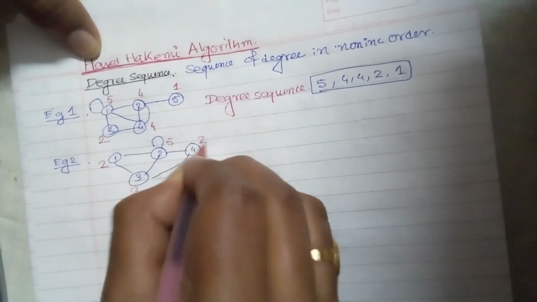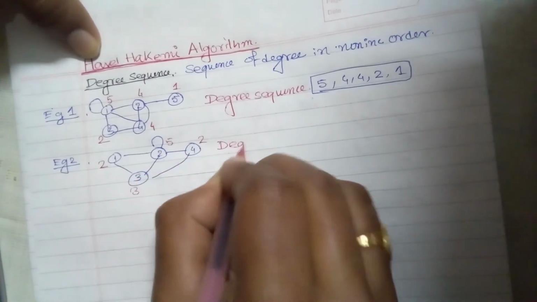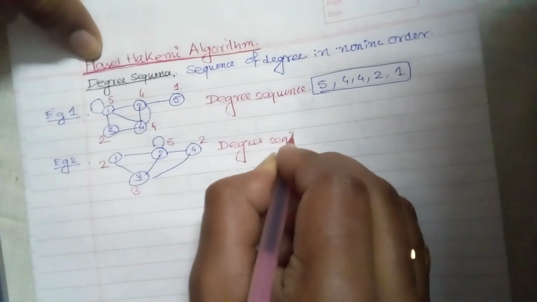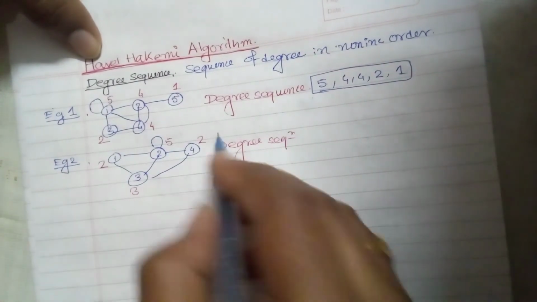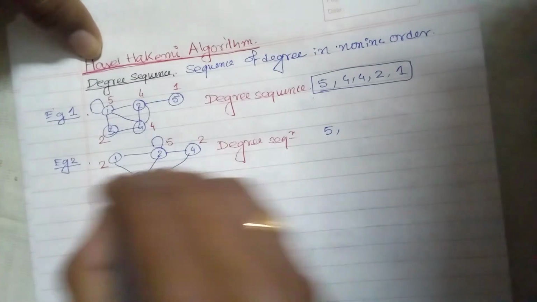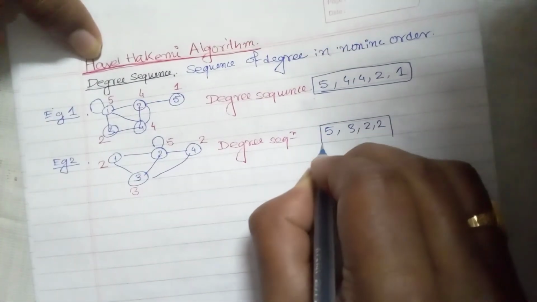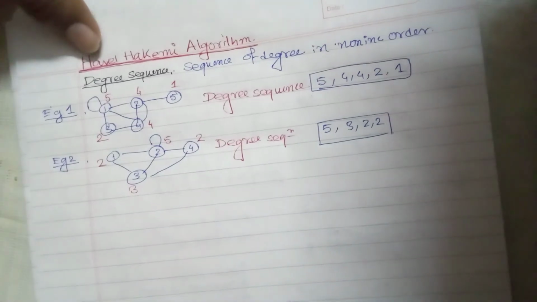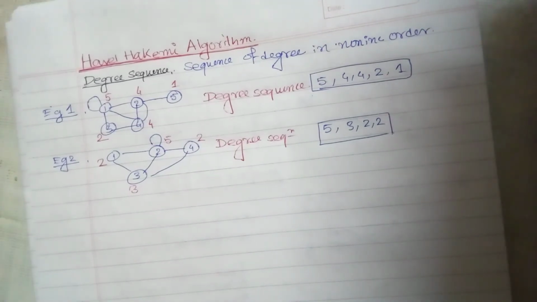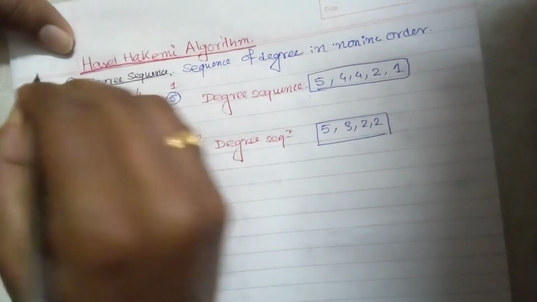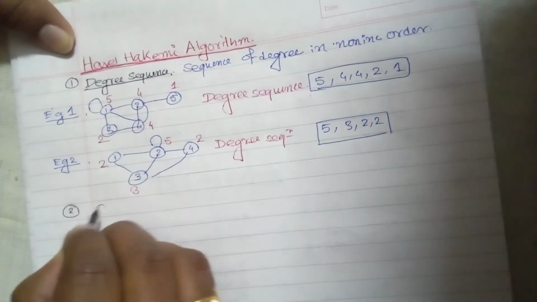This is having a degree 2. So what is the degree sequence? So the maximum is 5, then we have 3, then 2, then 2. So this is the degree sequence of this graph. Okay, clear?